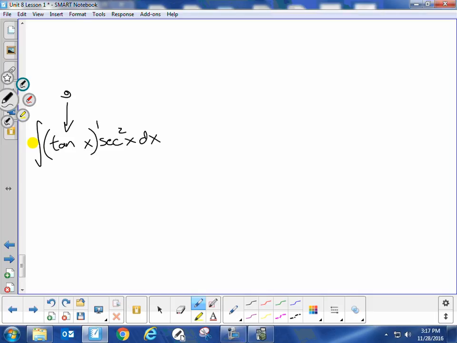What's the inside? It's tangent of something to the first power. Tough, but I know that the derivative of tangent is secant squared. I'm going to use that to my advantage. So go ahead and set u equal to tangent, and let's see what happens now.